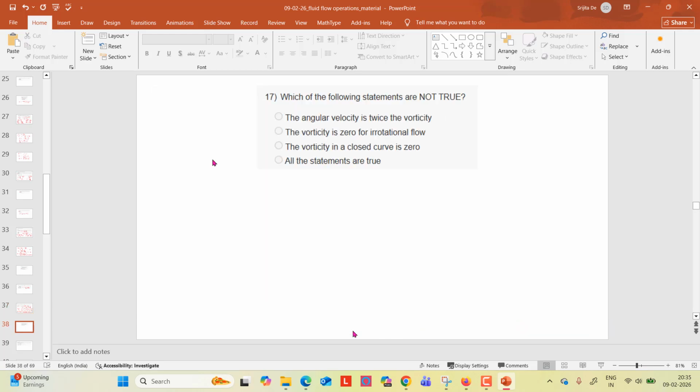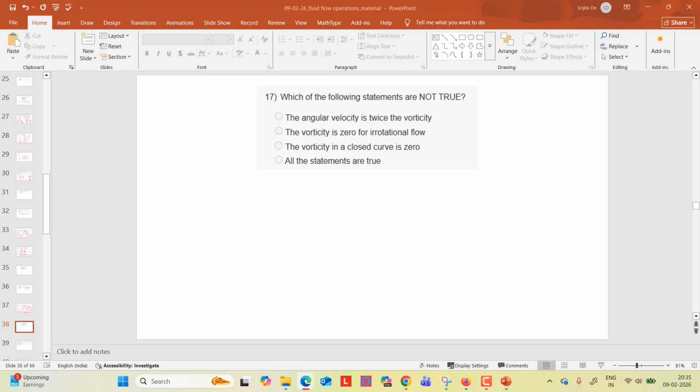Next, which of the following statements are not true? The angular velocity is twice of the vorticity. Sorry, it is not true.